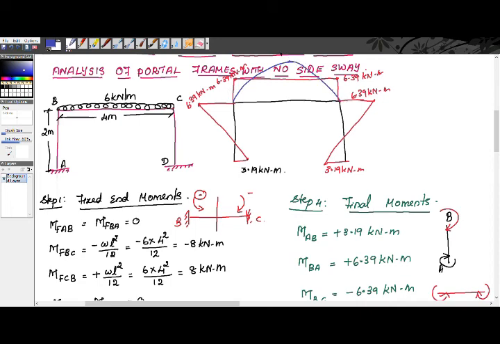It is a parabola and this is 12 kilonewton meter.